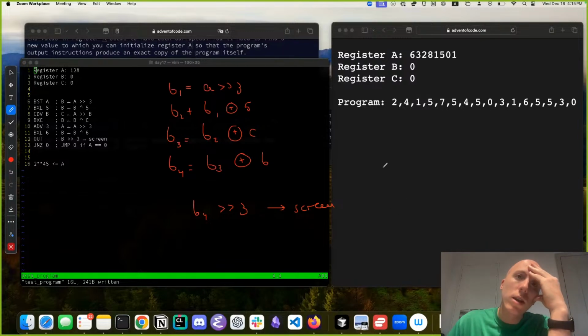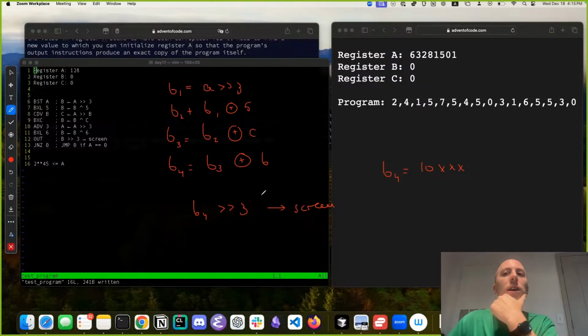So recall we said B4 has to be 10 XXX like this. And so what does B3 have to be to get this?